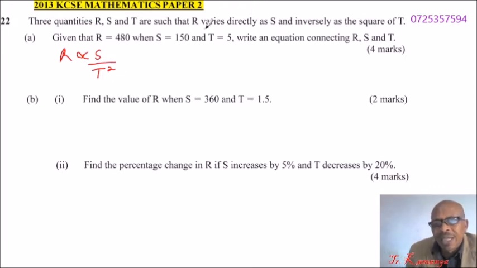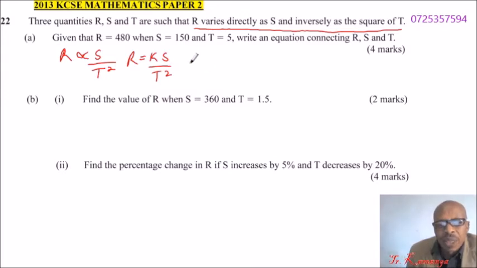So we can write this as an equation: R equals KS divided by T squared. Making K the subject, K equals R multiplied by T squared, divided by S.